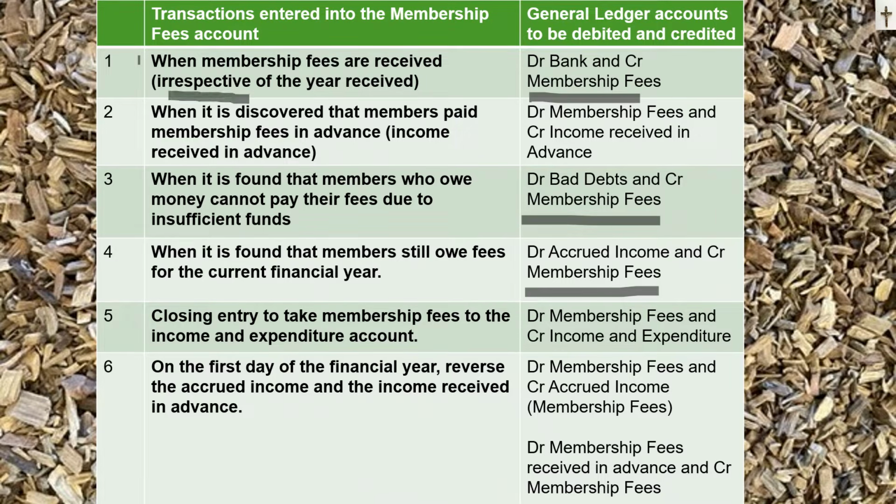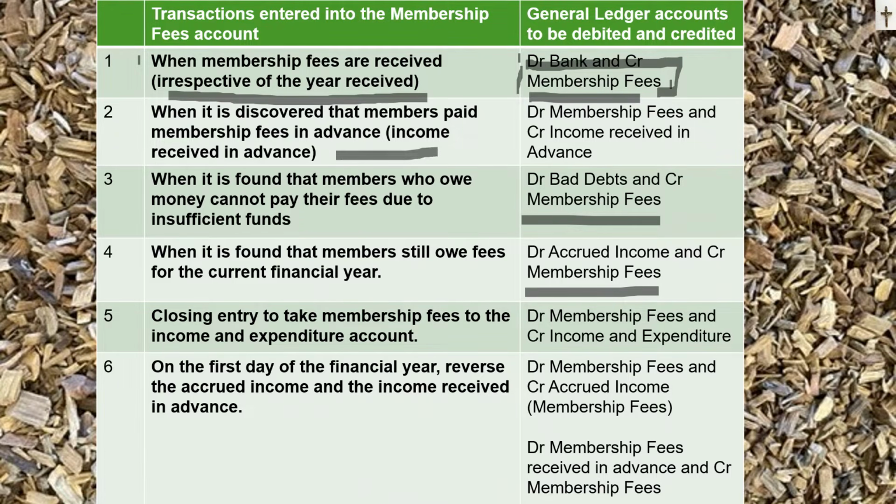Irrespective of the year received, we must debit bank and we must credit the membership fees account. So when we receive membership fees, we debit bank, but more importantly, we credit membership fees, increasing income.